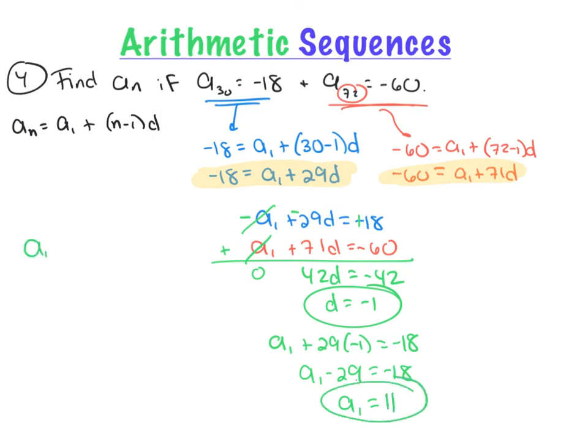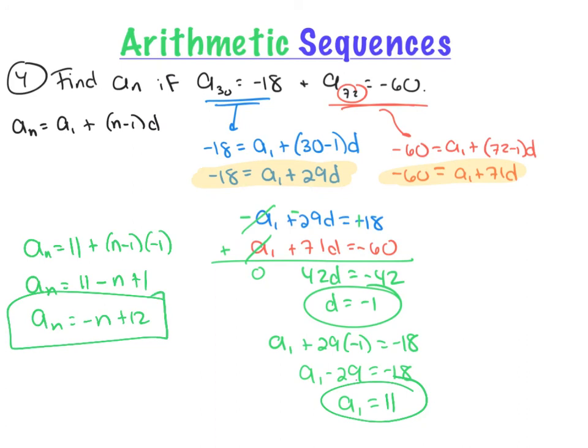So A sub n equals A1, 11, plus n minus 1 times D, which is negative 1. So that means A sub n is 11 minus n plus 1. So A sub n is negative n plus 12.